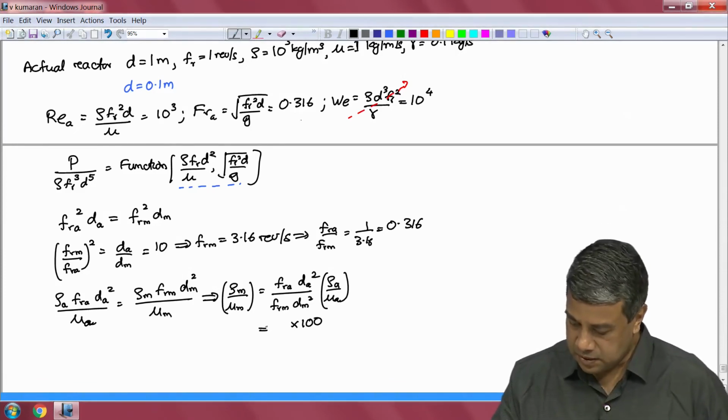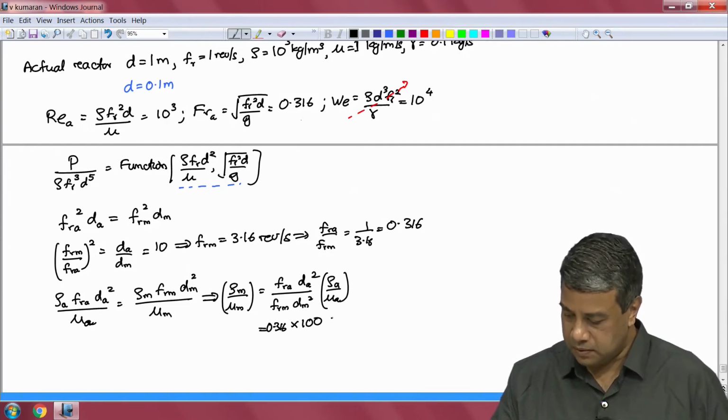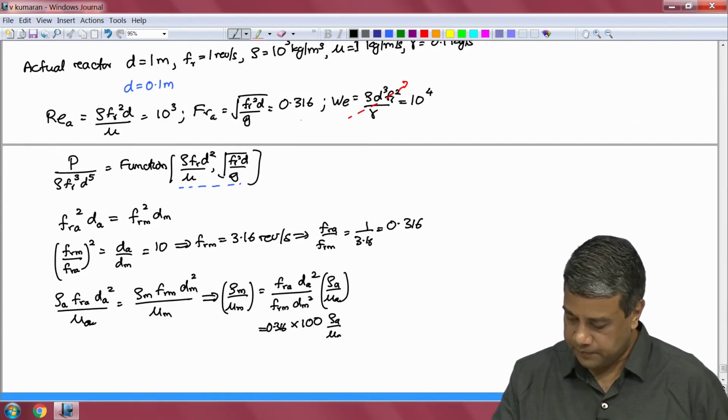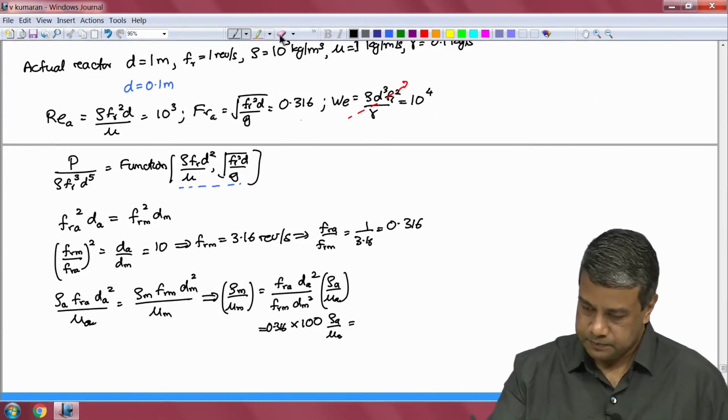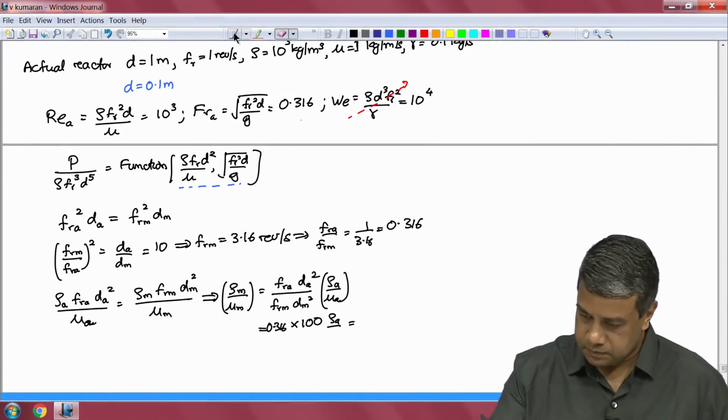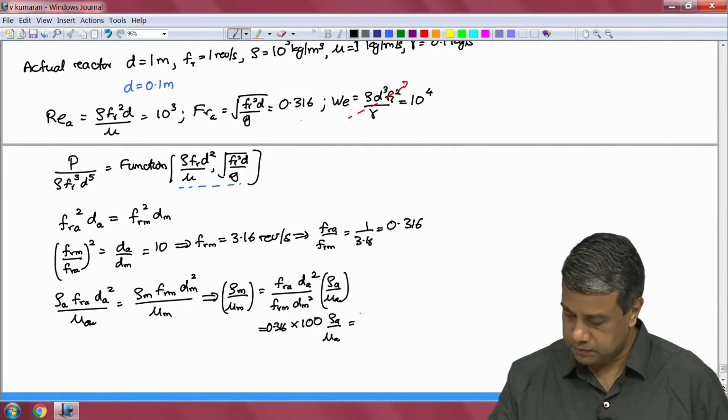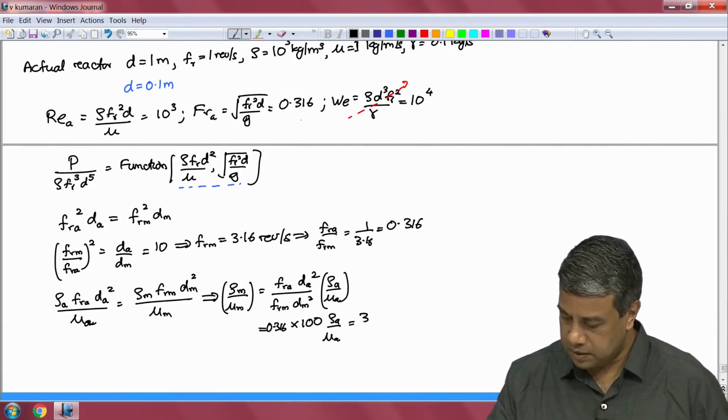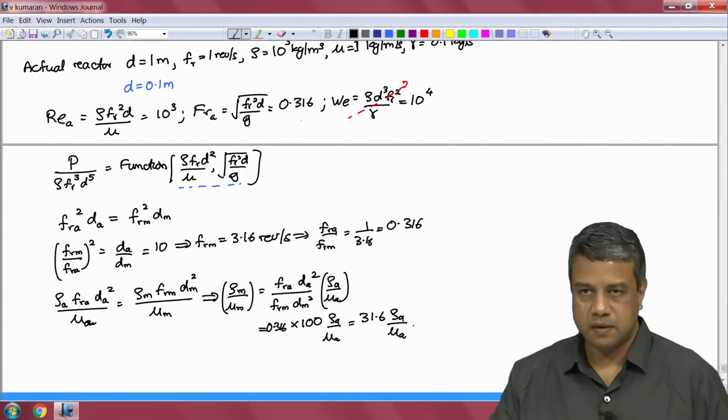So, I get 0.316 into 100 into rho A by mu A, which is equal to 31.6 into rho by mu of the actual reactor.